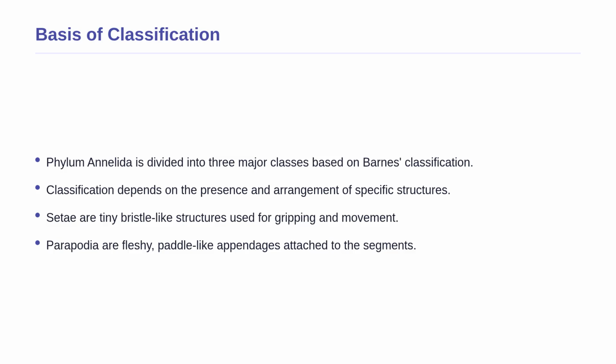The categorization is based largely on 2 physical features: setae, which are tiny bristle-like structures, and parapodia, which are fleshy, paddle-like appendages. By looking at whether a worm has these structures and how they are arranged, we can see how different worms have adapted to completely different environments, from the deep ocean to your backyard garden.